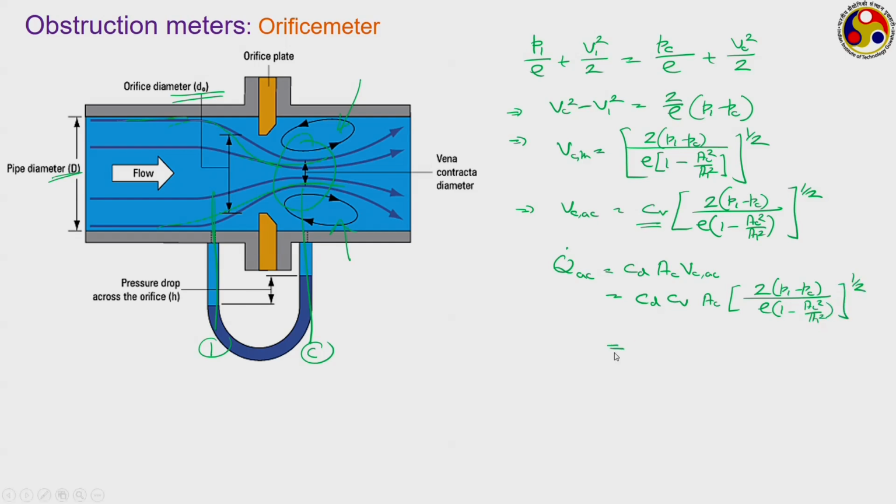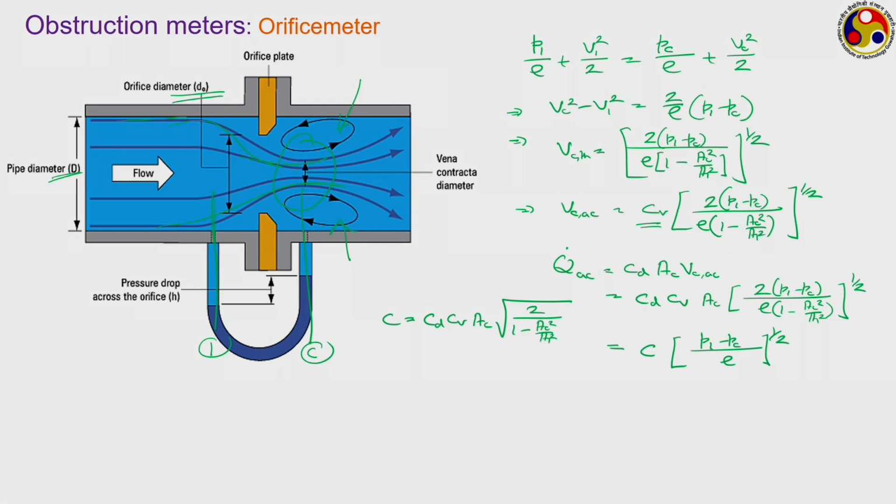And quite often we combine all these terms into just a single parameter C, giving C into Ac, or C into (P1 minus Pc upon rho) whole to the power half, because rho depends on the fluid that you are using, and P1 minus Pc will come from the measurement, but the rest generally come from the manufacturer. Here this C is equal to Cd into Cv into Ac into root over 2 divided by 1 minus Ac square by A1 square.